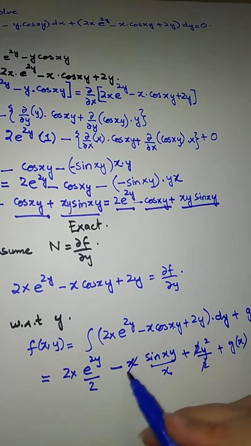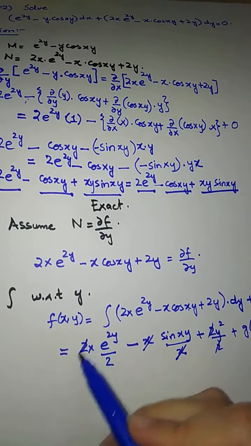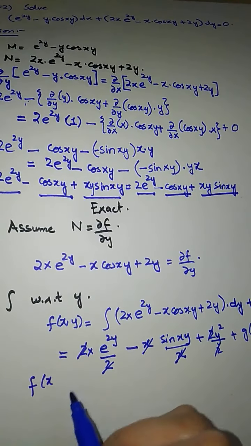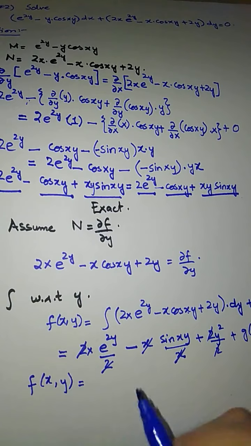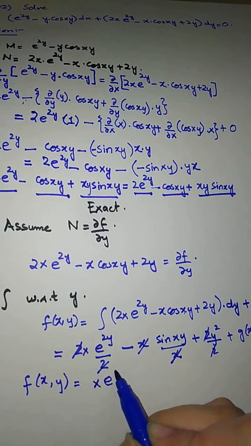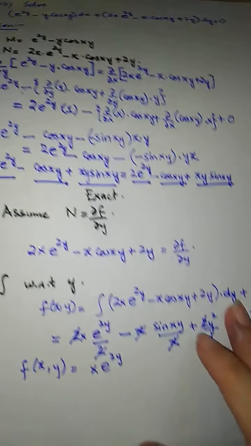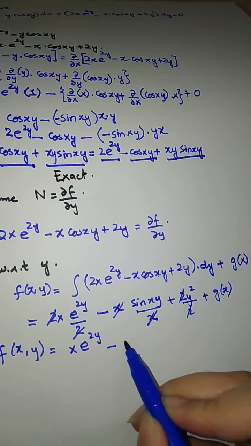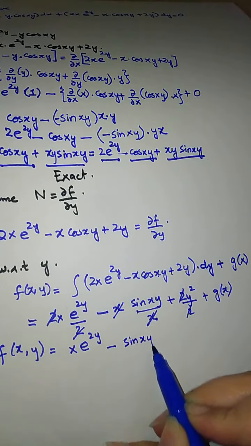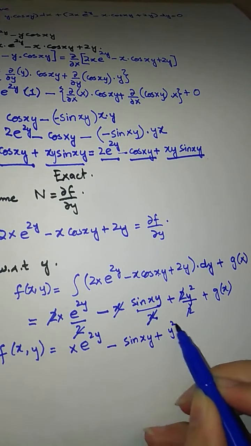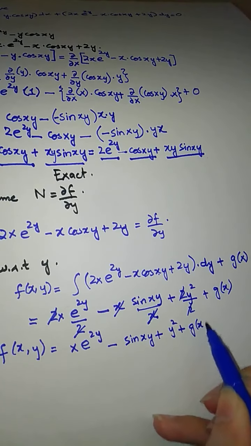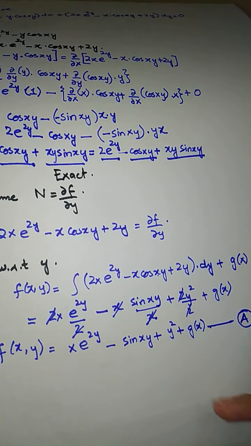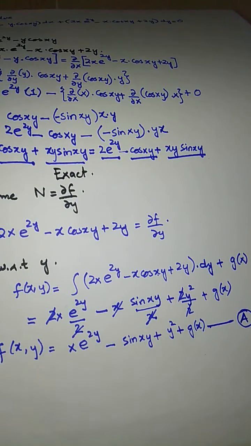So solving this, f of xy becomes x e to the power 2y minus sine of xy plus y square plus g of x. So here is equation A, right?